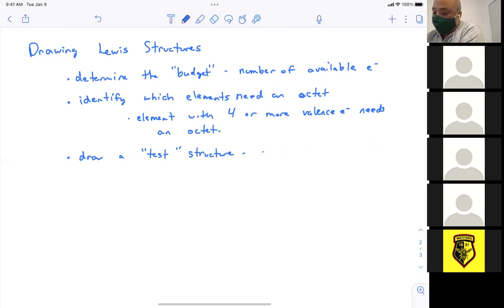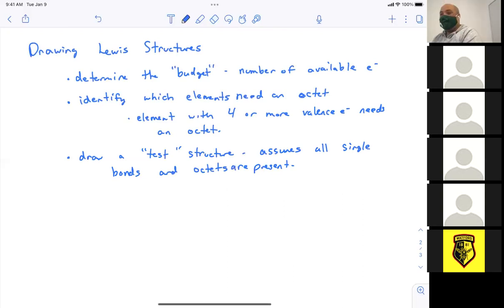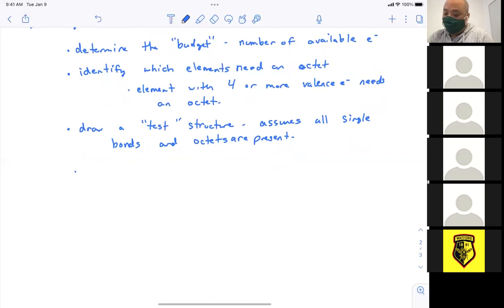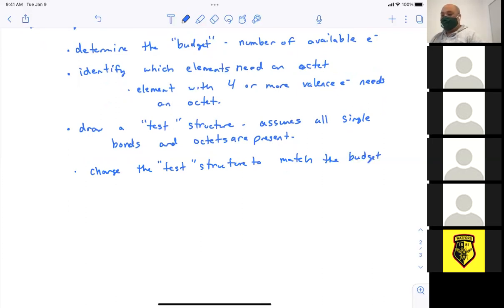Okay, test structure assumes all single bonds and octets are present. Okay, the test structure is not always right. It's your starting structure, and it may be right, it may not be right. Okay, and then you change the test structure to match the budget. Okay.